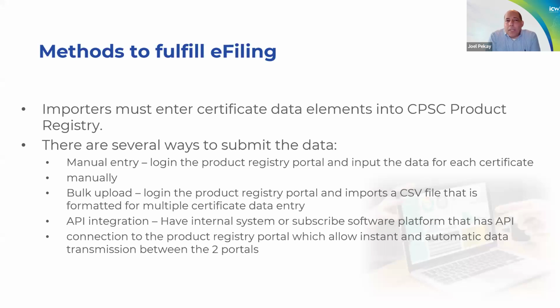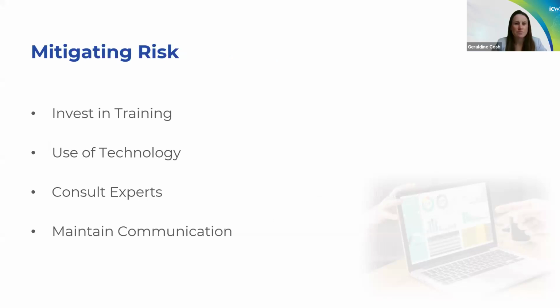Again, it'll probably be different for each business based on your business size, the number of products you need to file for, and or the platforms you utilize, whether it is an in-house platform or with a partner such as ICW, the ability to have those APIs.